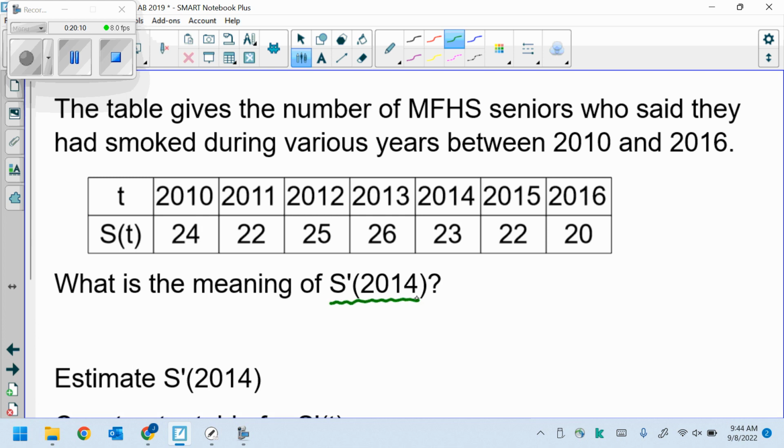Anytime you ask for the meaning of the derivative, the meaning of the slope, it is always the rate. Derivatives are always rates.